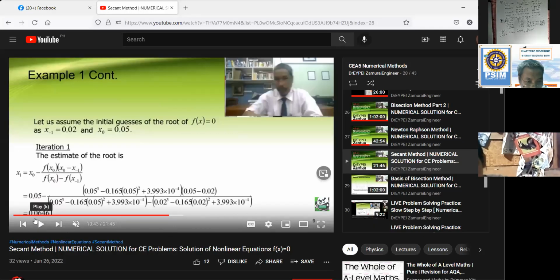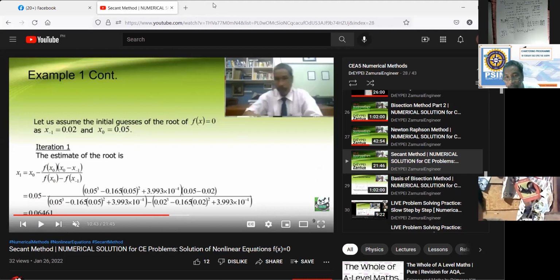So the answer is 0.0646. Very near. Our answer is 0.0623 or 24. This is the answer of shift solve, while this one is by using secant method. Secant method is the worst among the three methods.